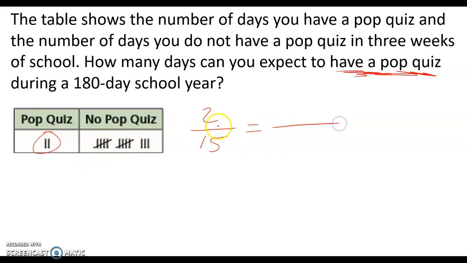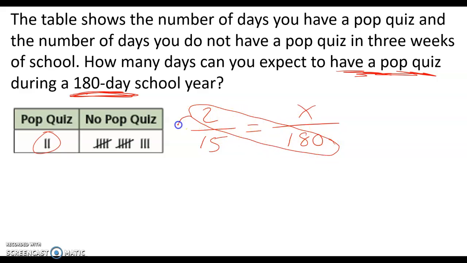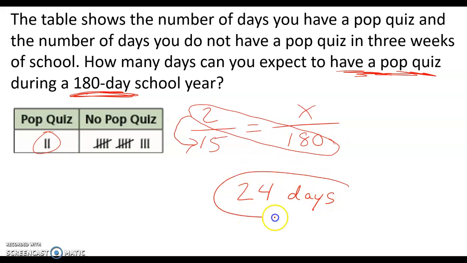So you want to know how many days you would have a pop quiz out of 180 school days. So where would you put that 180 for total? Okay, it does go on the bottom. And now we do our cross products. 2 times 180, and then you divide that by 15. You get 24. So you would expect to have a pop quiz about 24 days a year.